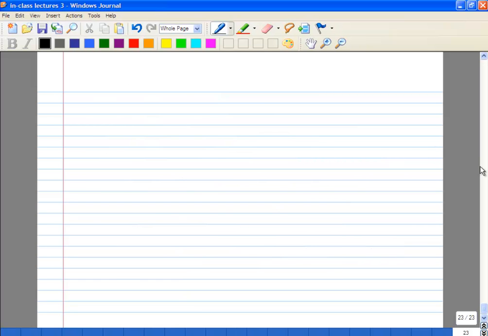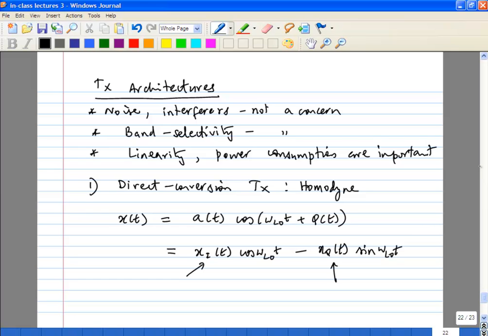So what you want to do is generate this: xi of t cos omega lo t minus xq of t sin omega lo t is what you want to generate out of the Tx, because that is the band pass signal coming out of the Tx, okay.